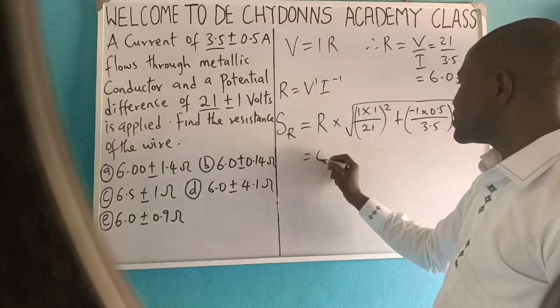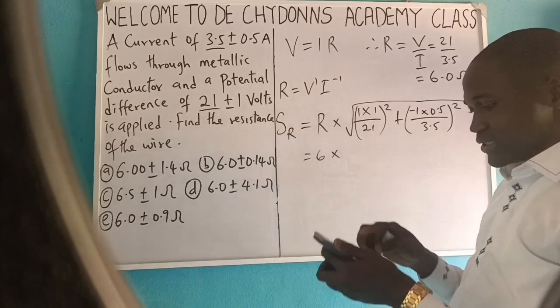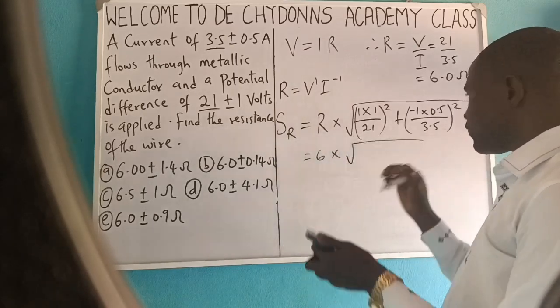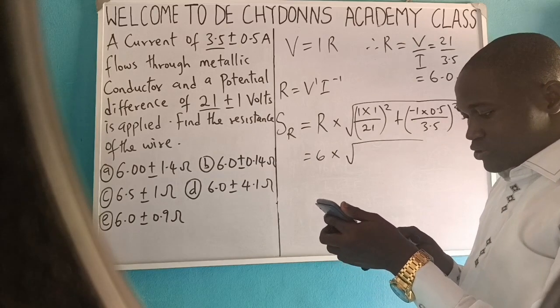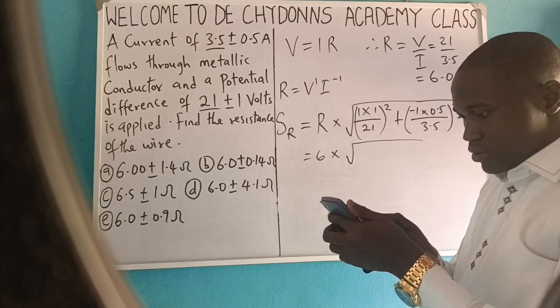So we'll be saying 6 times, we'll get this. I will say square root of 1 divided by 21, square it.